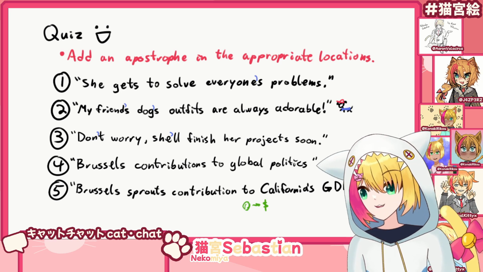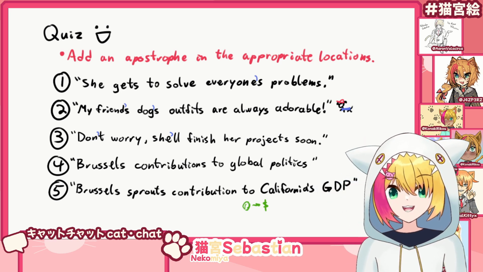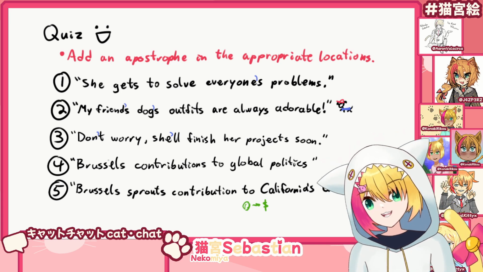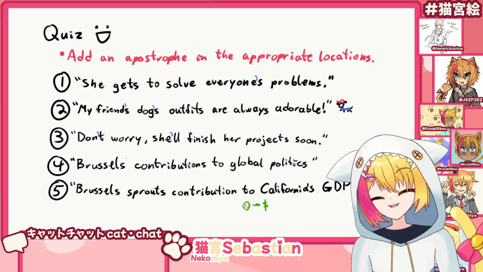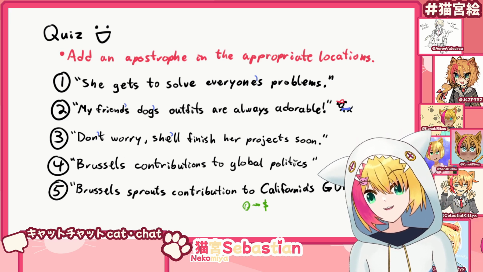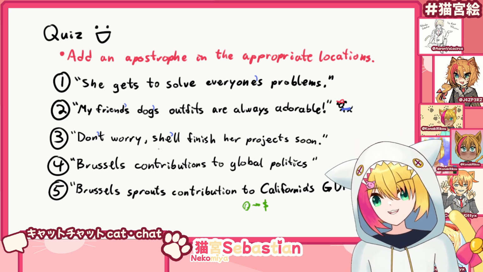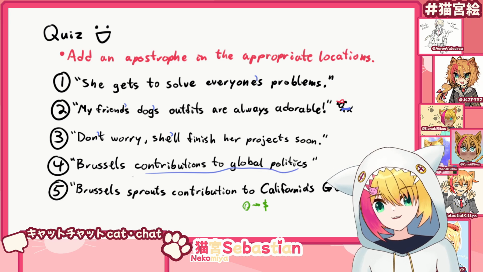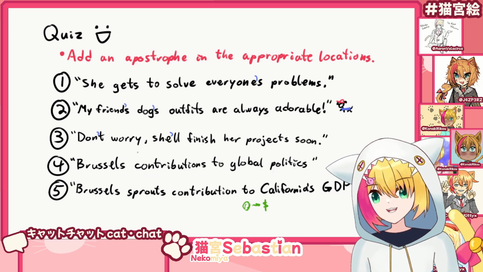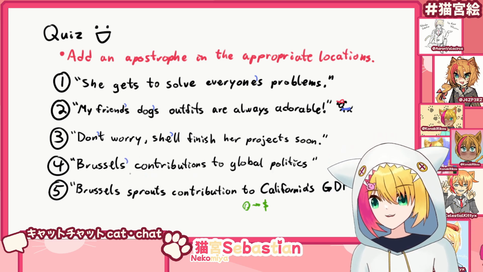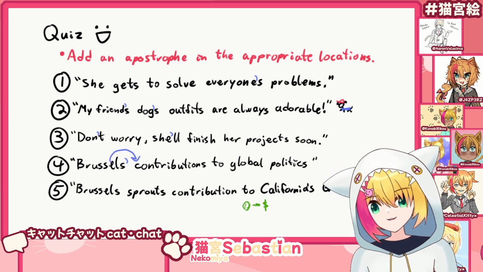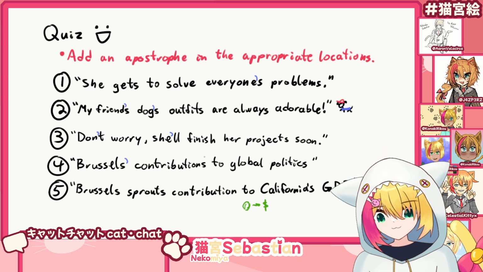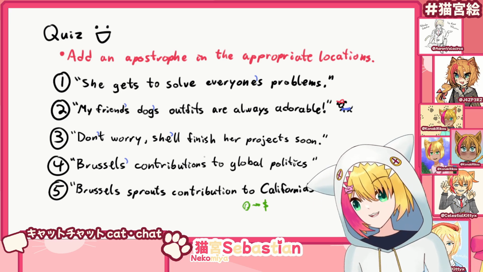So Brussels, the capital of Belgium, is a name that ends in S. So there's not like a single Brussels and many Brussels. Brussels is like the name. We're talking about contributions to global politics. Actually, this whole thing is owned by Brussels. So it's going to be an apostrophe after the S because Brussels ends in an S. It owns contributions. Contributions is plural, so there's no apostrophe.